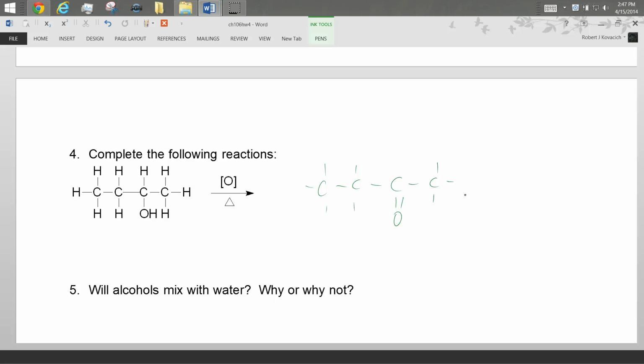No, because it'd be non-reactive. I can't react the ketone, right? That ketone is like, I'm done. I'm done being able to be oxidized at this point. You can oxidize this. What oxidizing agent do you need? So you can do what to it? You can burn it. But you're not going to find those things happening inside of a living organism.